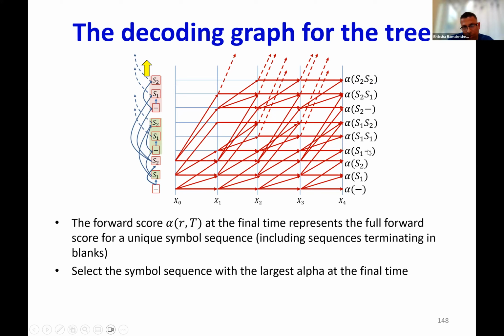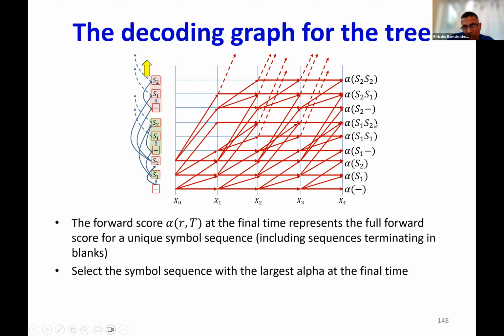This row is just S1 blank. This row is actually S1 blank S1. I should have written S1 blank S1 over here, but it collapses to S1. But here's the thing. This row represents both S1 blank S1, and also S1, right?